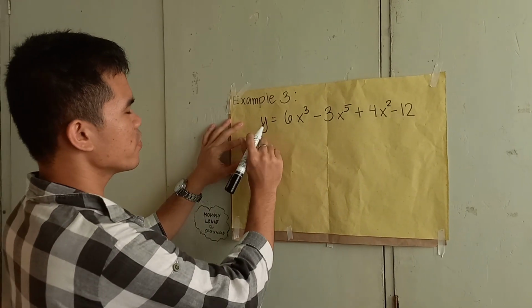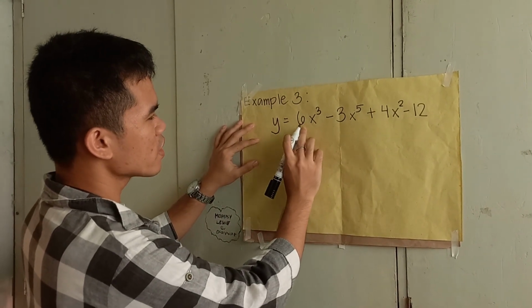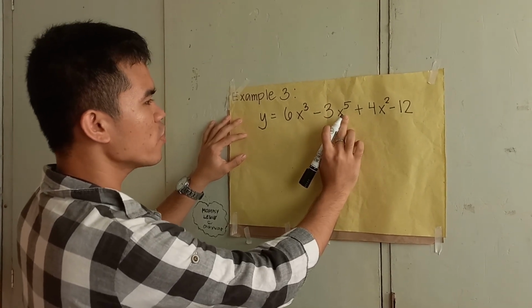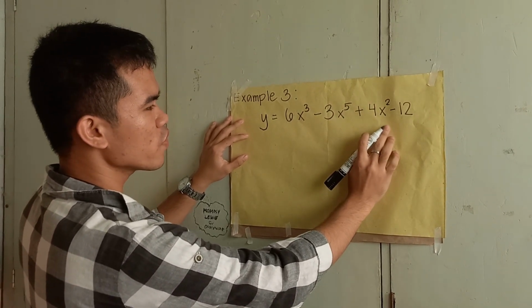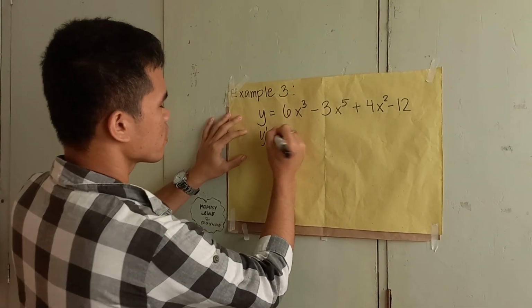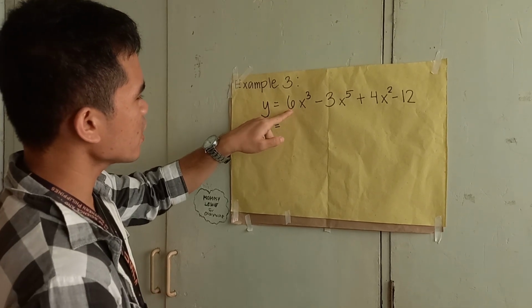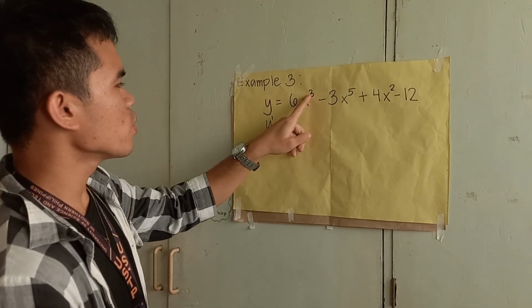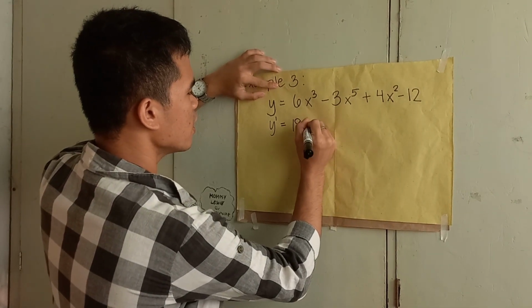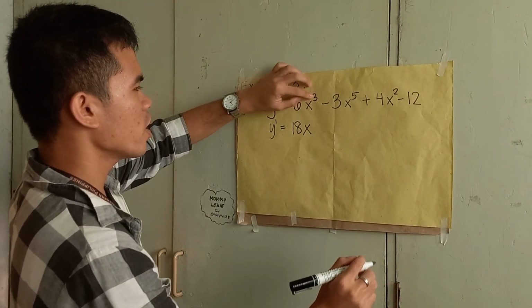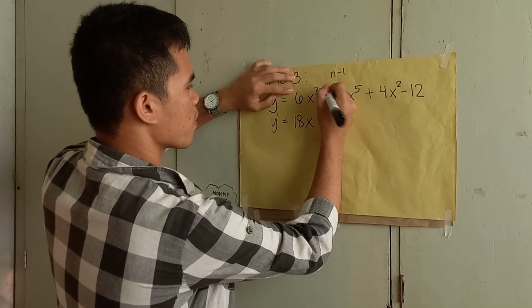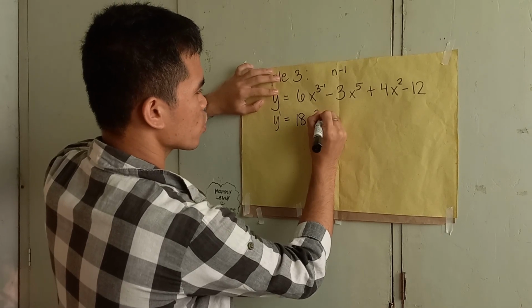Example 3, here's the given: y equals 6x raised to the power of 3 minus 3x raised to the power of 5 plus 4x raised to the power of 2 minus 12. So we find the derivative. The coefficient of x is 6, multiplied by the exponent 3, it would be 18x. We apply the power rule, n minus 1, so 2.